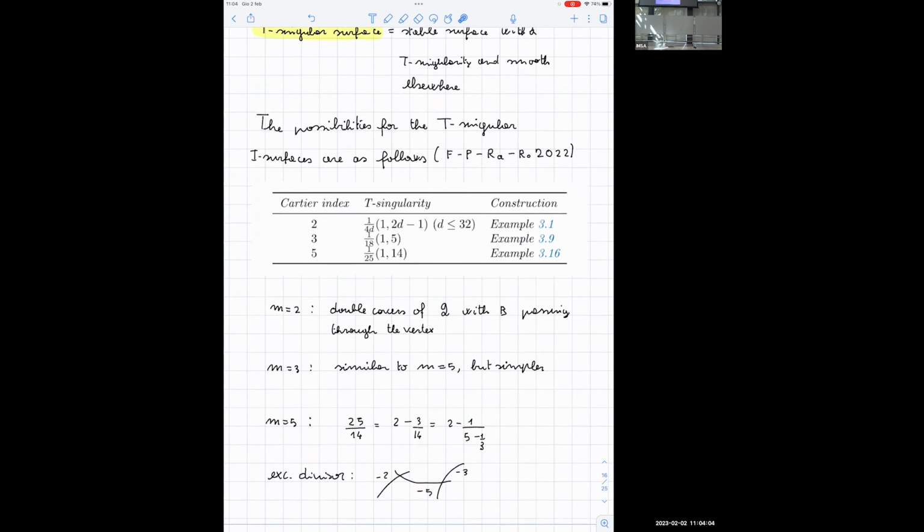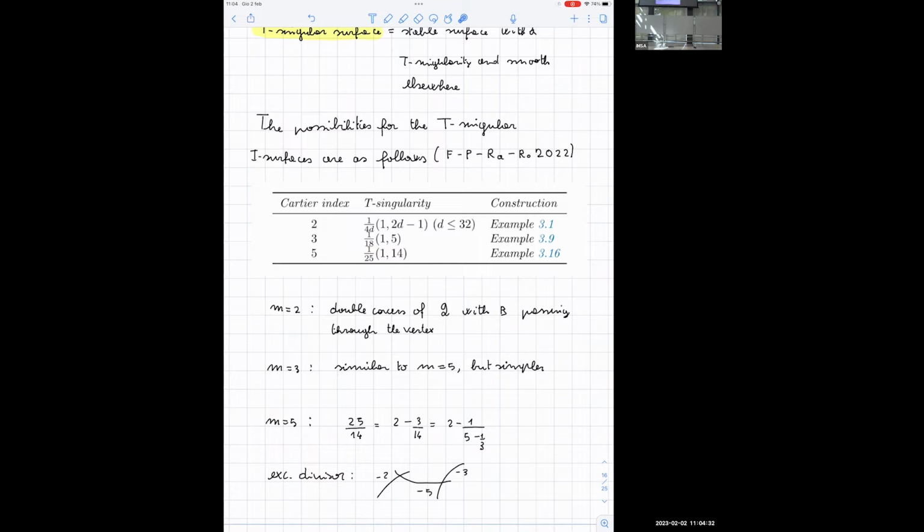And this is work with Franciosi, Rana, Rollenske in 2022. And in fact, the list is not very long, as you can see. Cartier index 2, you have several possibilities for d. This, I think, is not sharp, but anyway, it's a bound. Then there is one possibility for index 3 and one possibility for index 5.